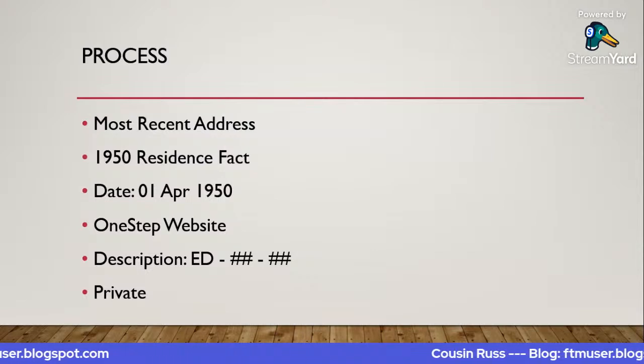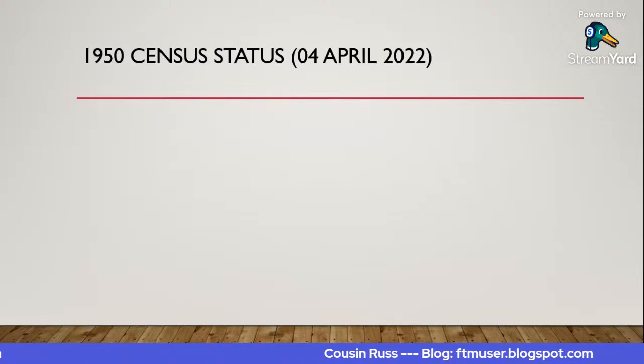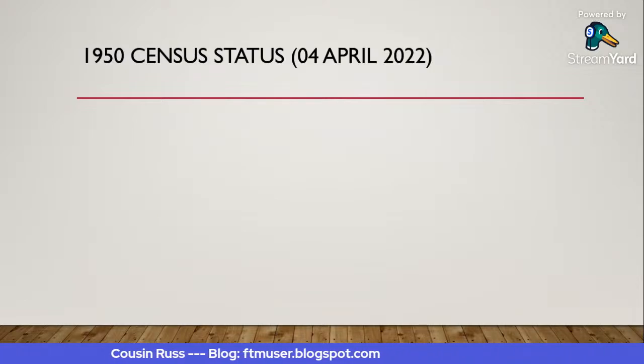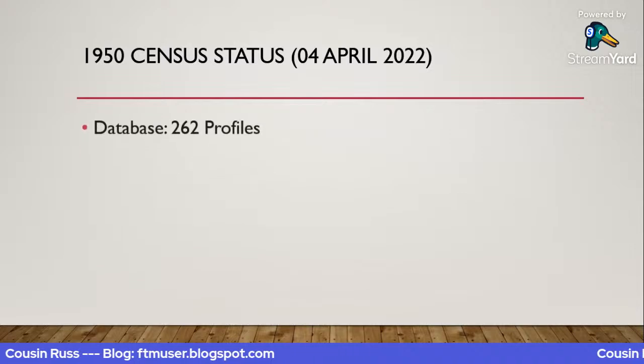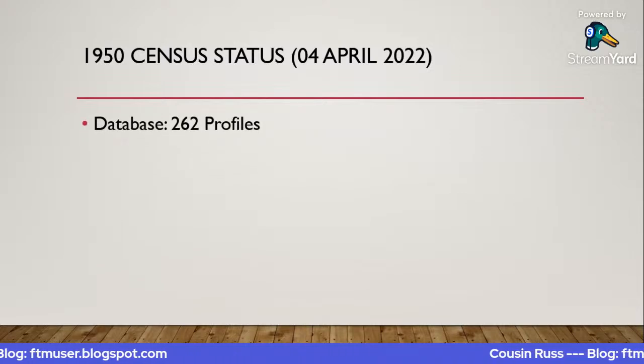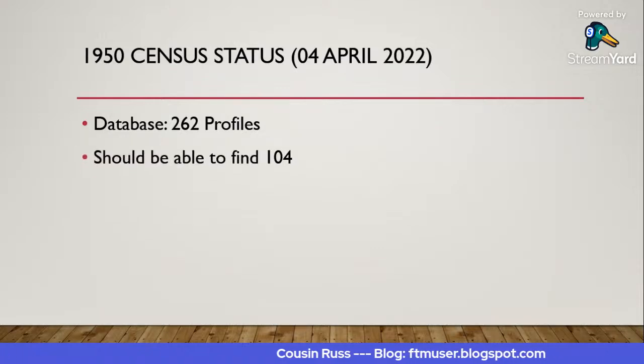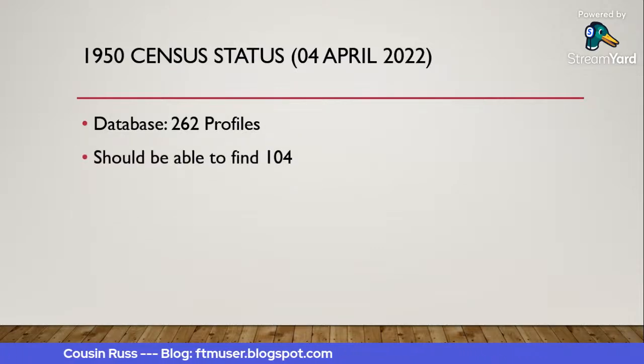So as of 2 hours ago, because I've found some information while I was waiting to start, my database has 262 profiles. And using the filter feature that I have blogged about, I should be able to find about 104.